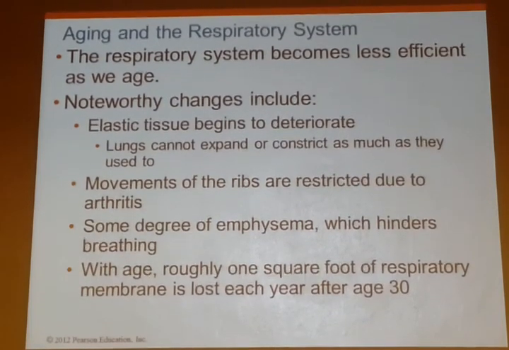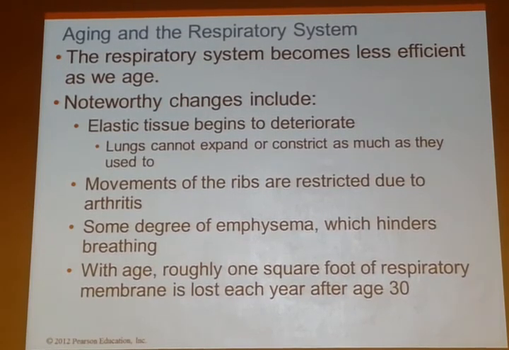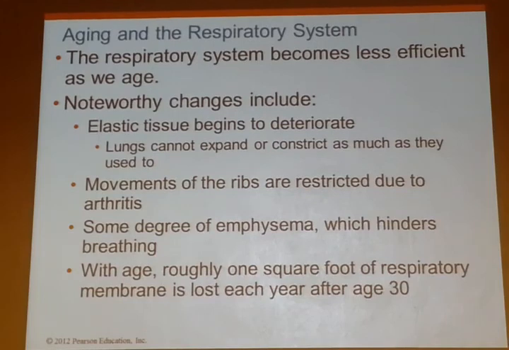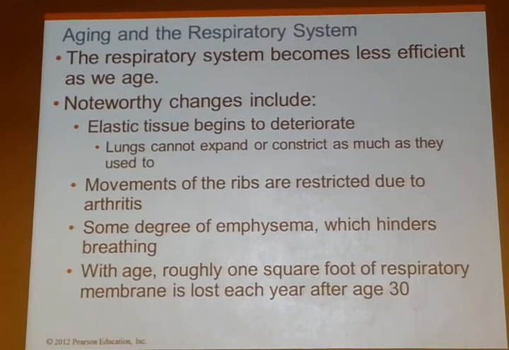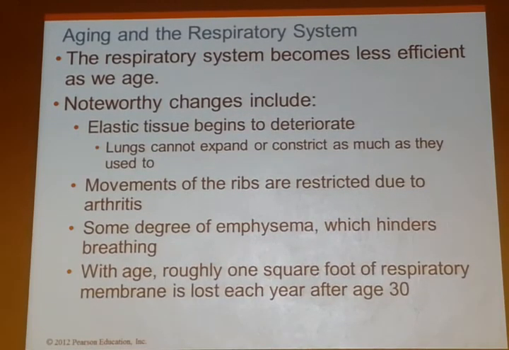When this tethering, this ability to attach the bronchioles to other structures, decreases because you start losing alveoli and you get less elasticity, then the airways tend to have a smaller diameter and you get less oxygen in and out.